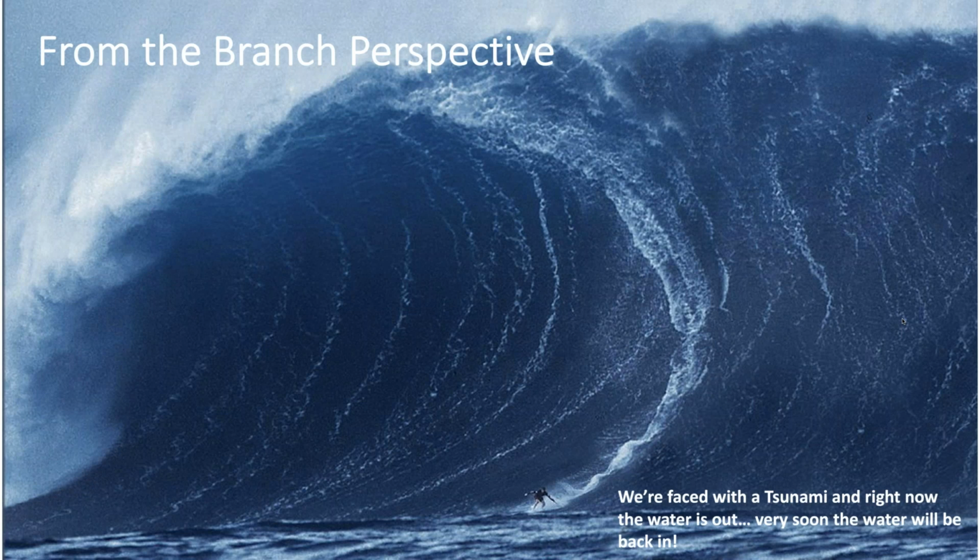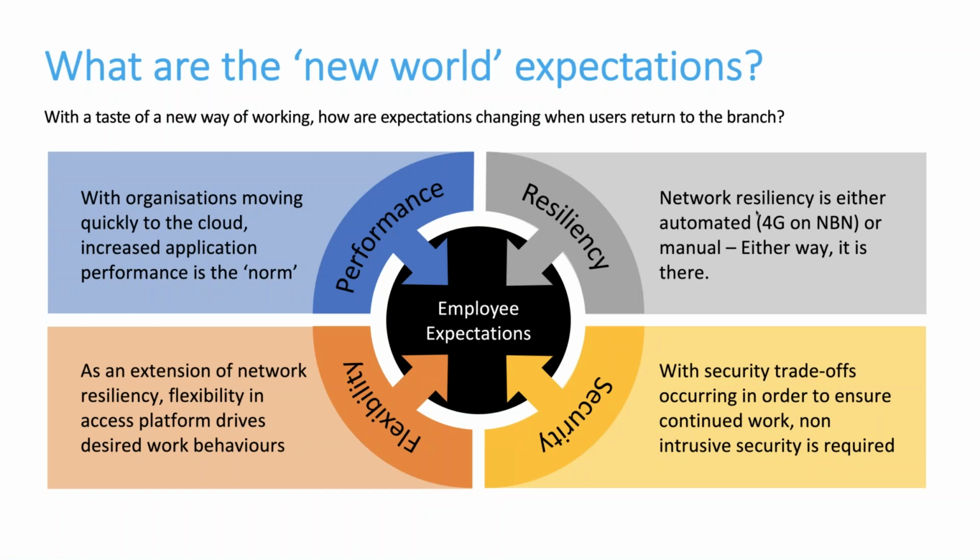So, based on where employees are coming from now and their expectations around work, what are some of the new expectations? First and foremost, from my perspective, I see performance as one of the key elements. In branch offices where they traditionally might have had some congestion issues from time to time, and some slowness and performance, working from home has probably given them a little bit more bandwidth.